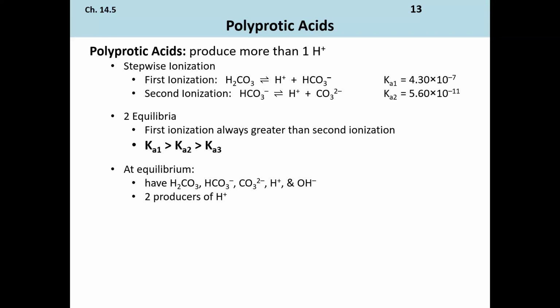And so at equilibrium, all of those reversible reactions occur. So you'll start off with H2CO3, and that's going to form HCO3 minus and CO3 2 minus, and then it'll be H plus and OH minus.